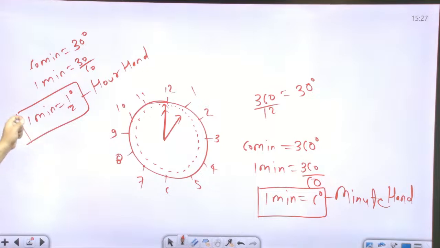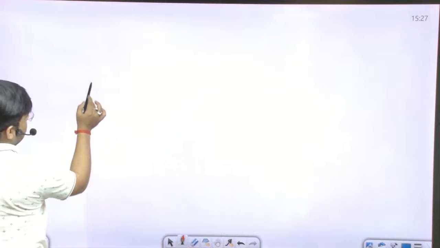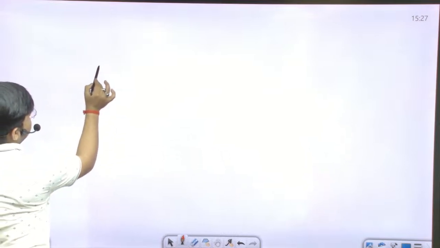The hour hand moves half a degree in every 1 minute, and the minute hand moves 6 degree in every 1 minute. Is it clear? Formula.